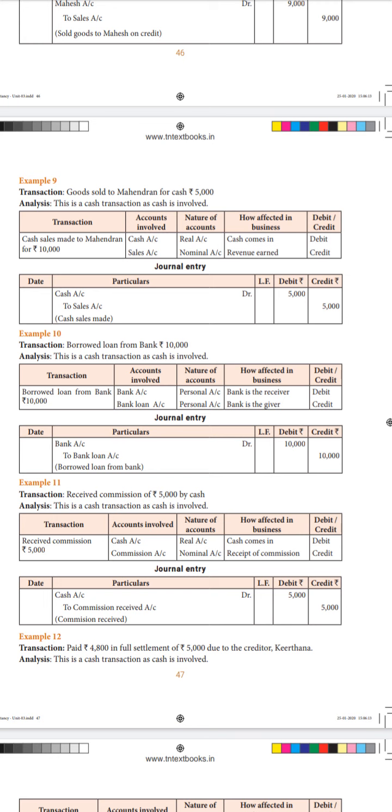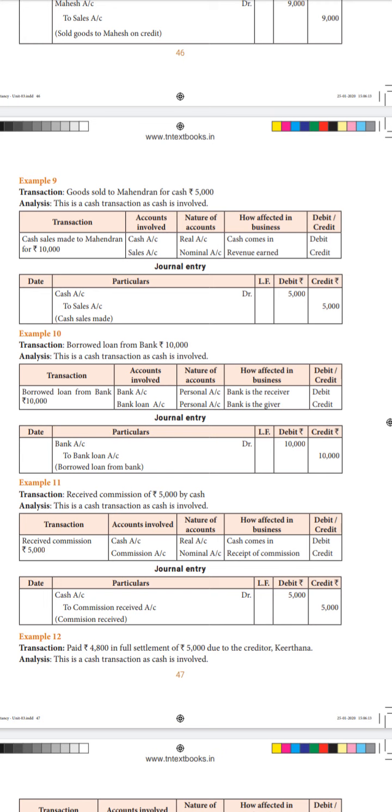So the first account, as we all know, is bank account. The second one is bank loan account. Bank is a personal account, and bank loan is also a personal account. Since both accounts are personal in nature, we need to see who is receiving and who is the giver.